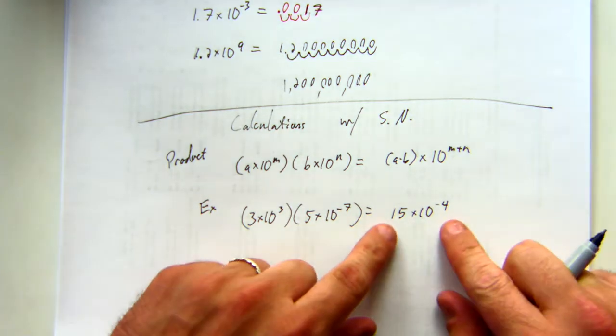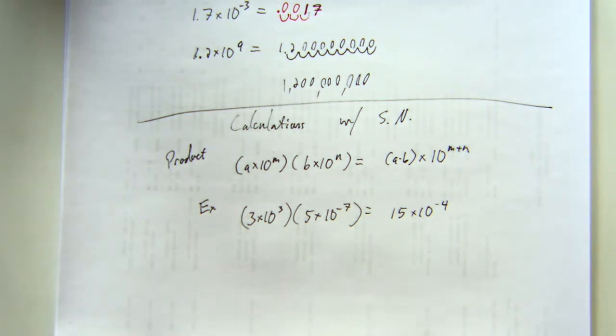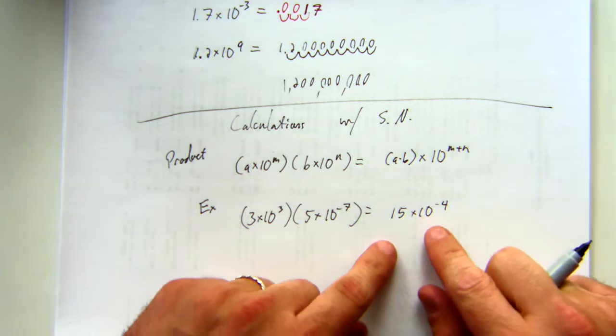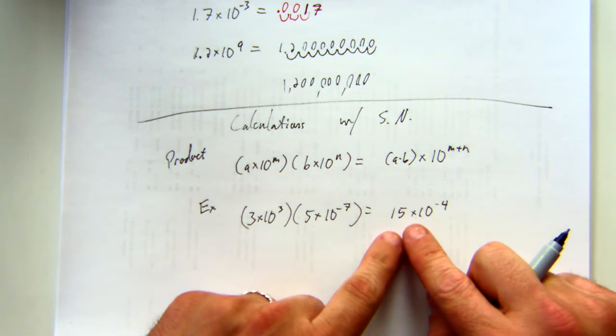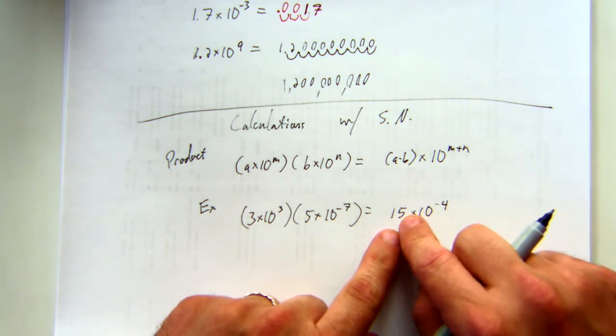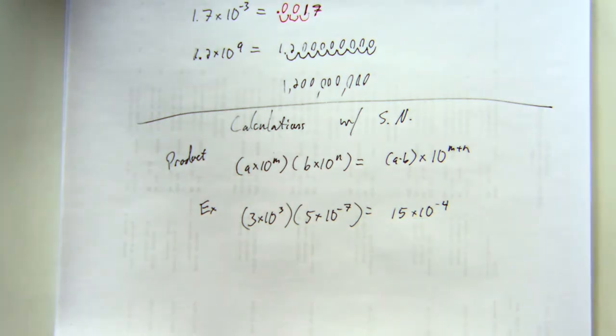Now is this number in scientific notation? Why? Because it's bigger than 10, right? So I need to do one more thing here.